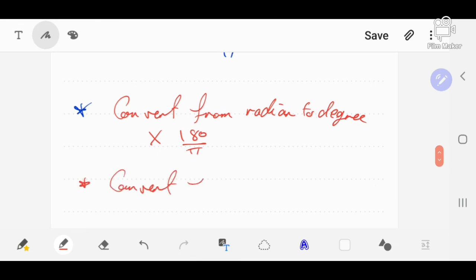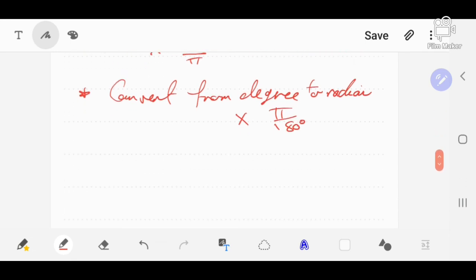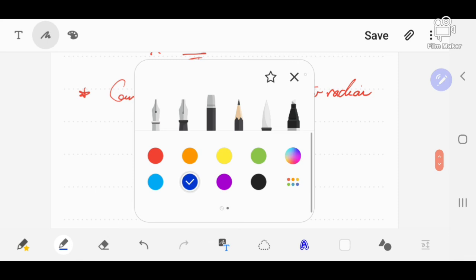Let me give you an example about this. Let's say we have 60 degrees. How am I going to write this in radian? Simply, I will say 60 times pi over 180, since I'm converting from degree to radian.